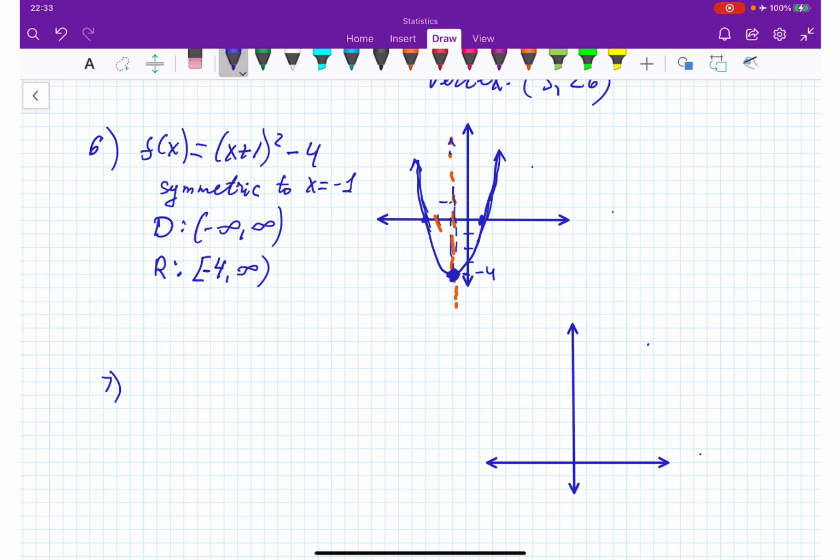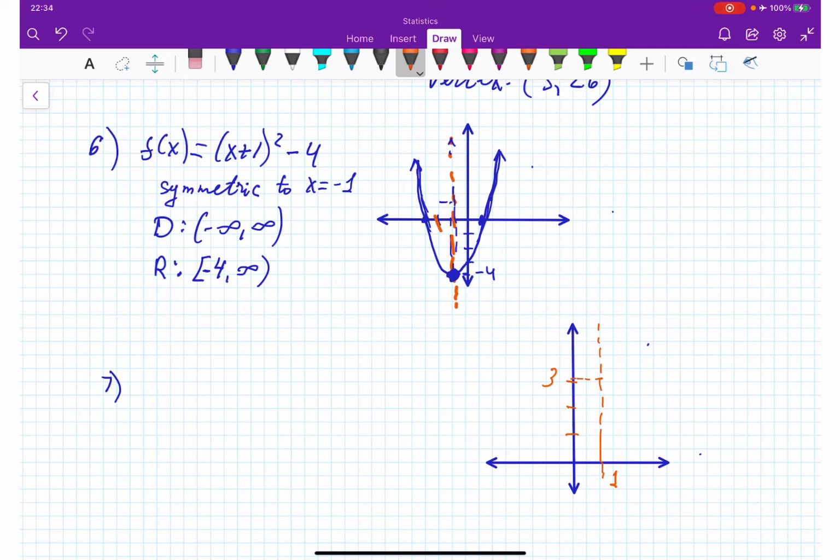So the symmetry is going to go through 1, and 1 and 3. 1, 2, this is 3, which means it's going to go here.